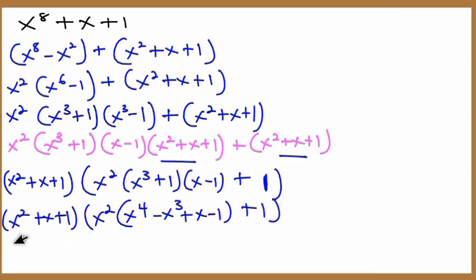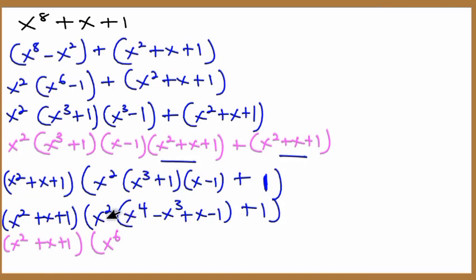So now I will have my (x^2 + x + 1) closes multiplying. Now I'll multiply this x^2 with this one. So multiplying this one, I'll have x^6.